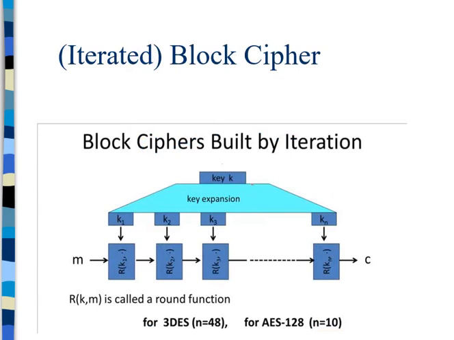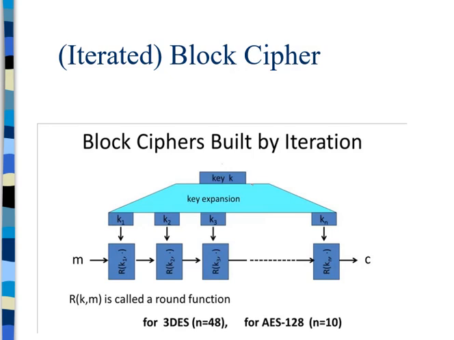Anyway, normally block cipher methods are built upon iteration. What does it mean?